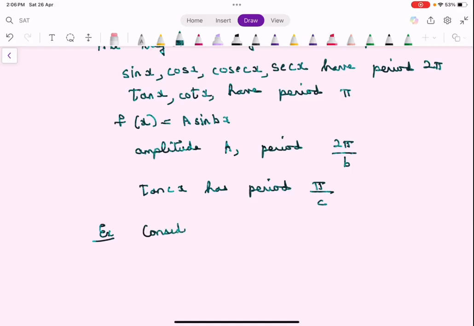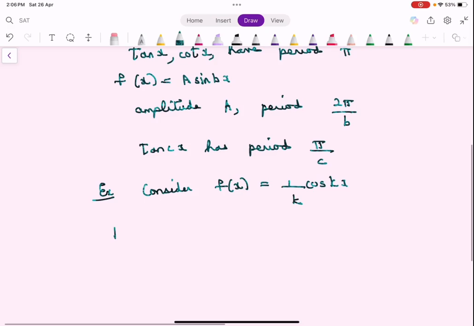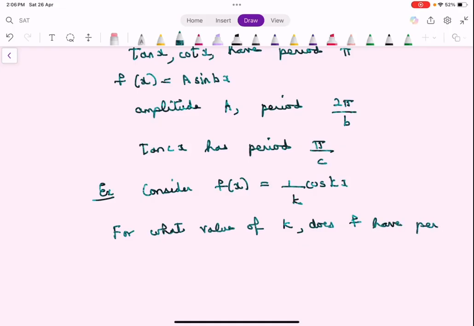Consider f of x equals 1 by k cos kx. The question is, for what value of k does f have period 2?